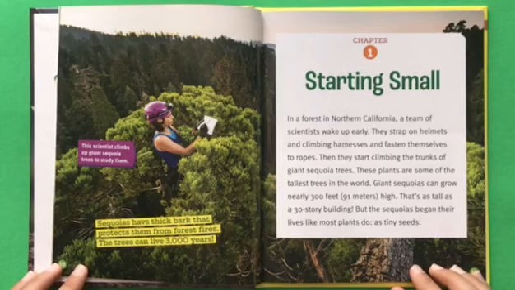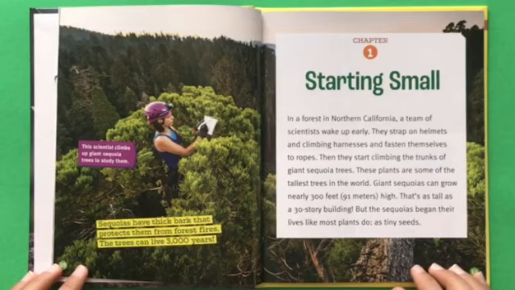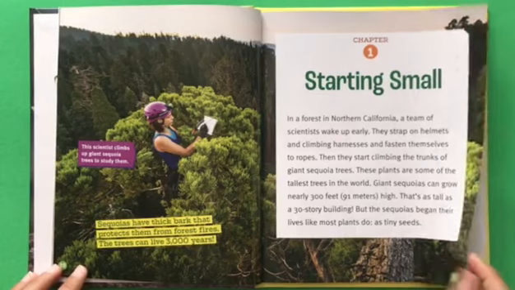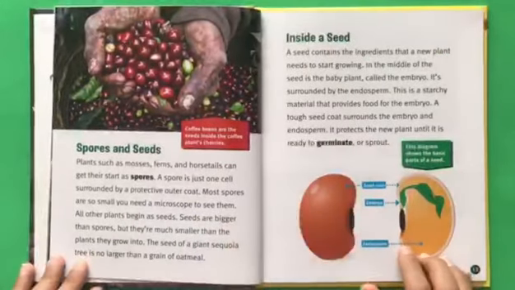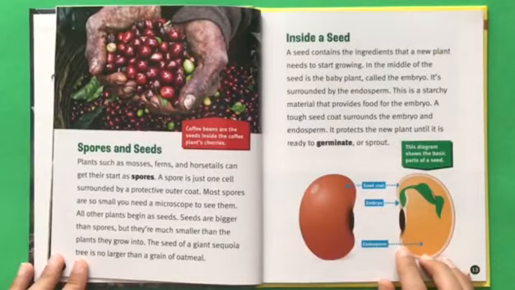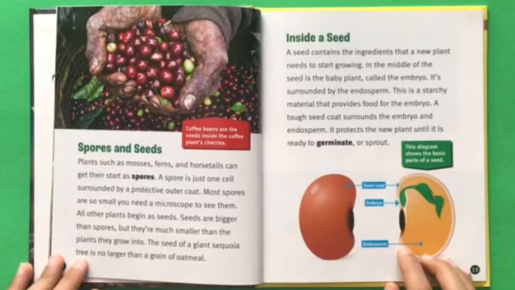But the sequoias begin their lives like most plants do, as tiny seeds. Spores and seeds. Plants such as mosses, ferns, and horsetails can get their start as spores.